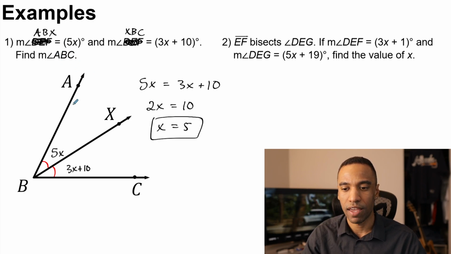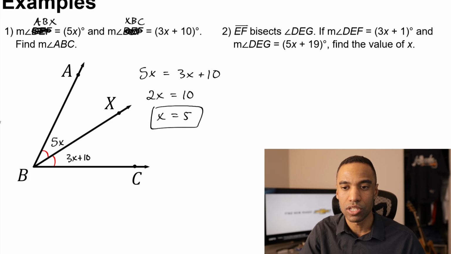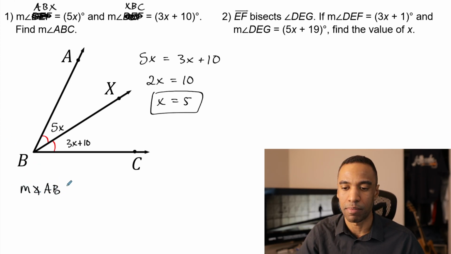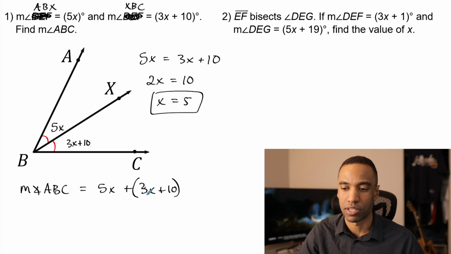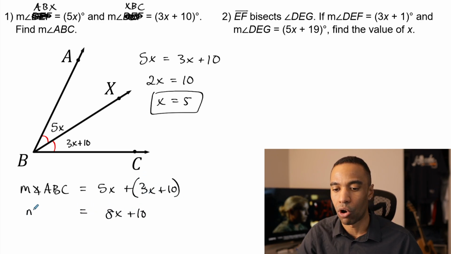Now, finding the measure of angle ABC requires adding both of these things together. If I use the concept of the angle addition postulate, the measure of angle ABC does indeed equal adding these two things together, 5x plus 3x plus 10. So that becomes 8x plus 10 as a whole.